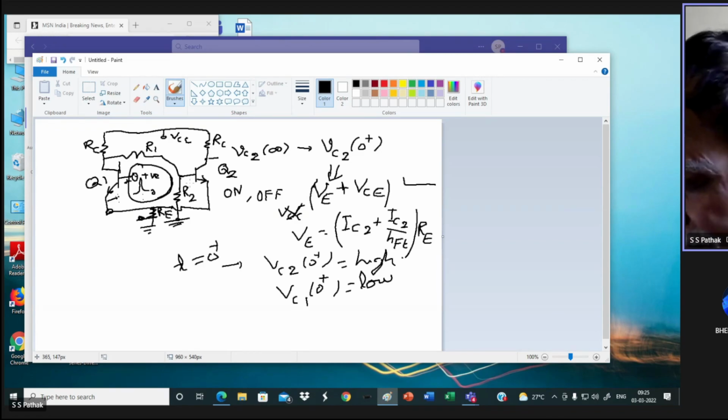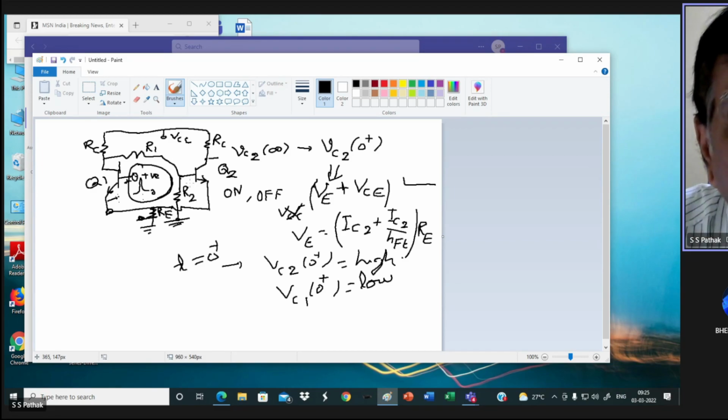First one has changed the state. It is changing a state from 0 to 1 and remains in 1 until unless it is controlled.